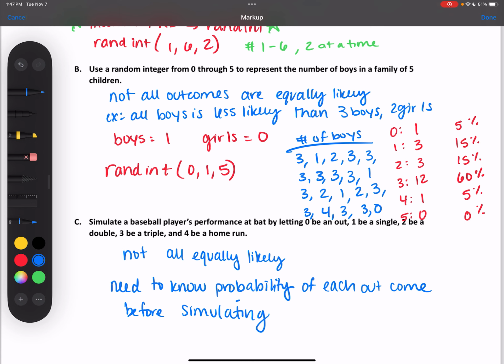Now, statistically, is that really the likelihood? I don't know. But in theory, that should be the likelihood. It's not like, because obviously, you have families that have 5 kids and they're all girls, or vice versa. Like, that happens.